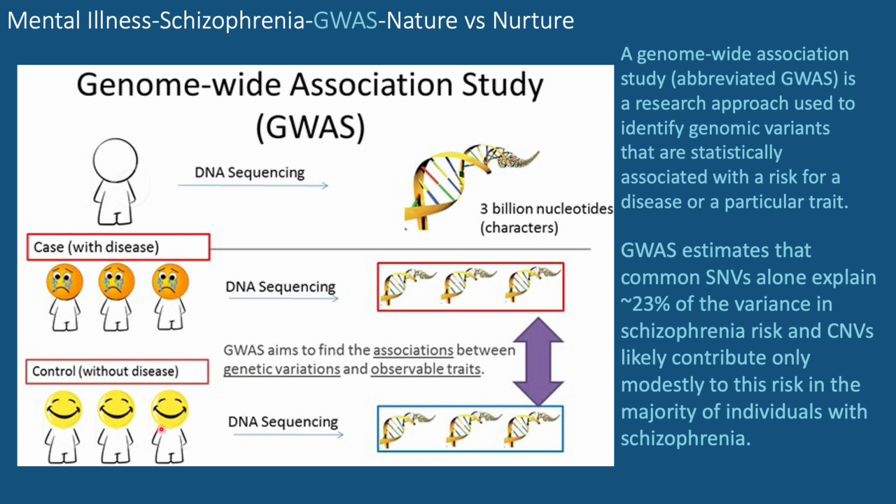Controls means they don't have the specific disease we are interested in. The DNA from each group of participants is sequenced. The GWAS will compare the variants in the genome of the cases with disease to those of the controls.